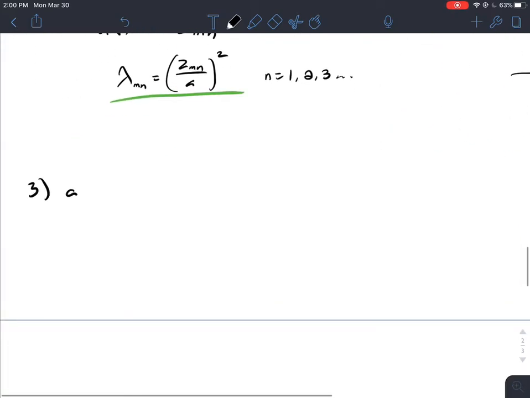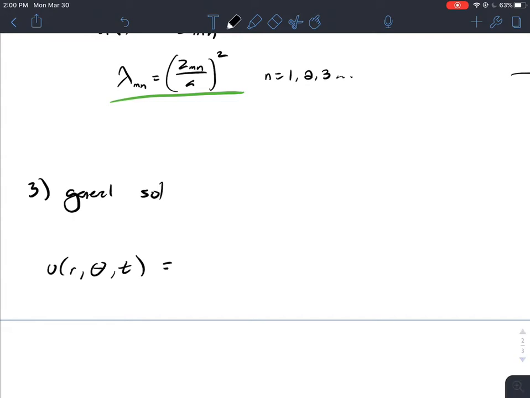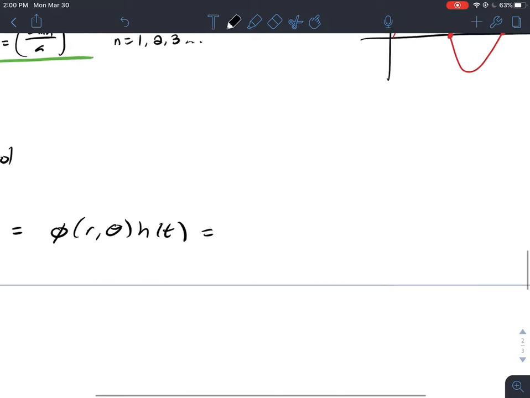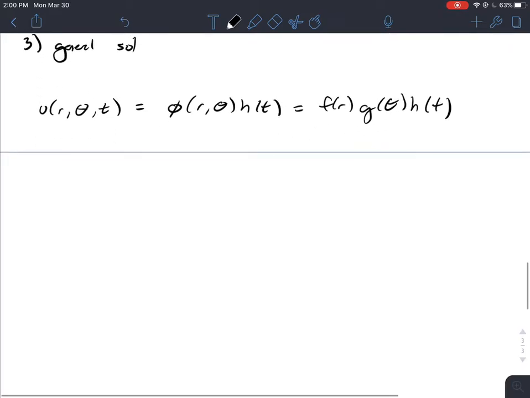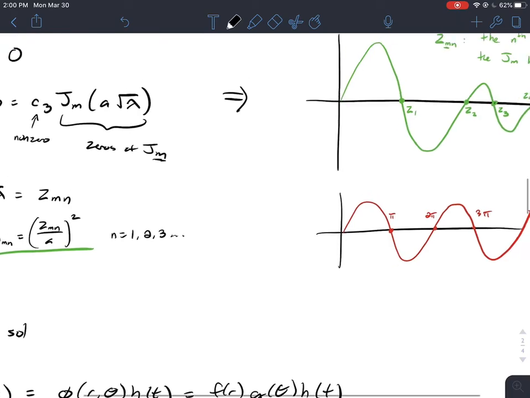So recall the general solution. Now we have u of r, theta, t is a decomposition of phi of r, theta times h of t, which is equal to f of r times g of theta times h of t. So plugging everything in, u of r, theta.